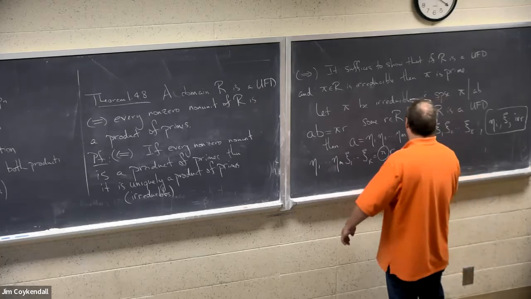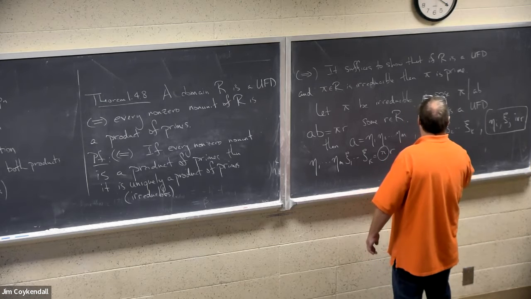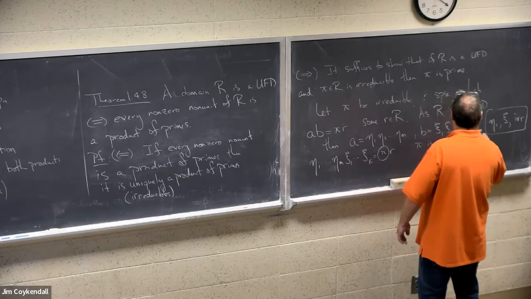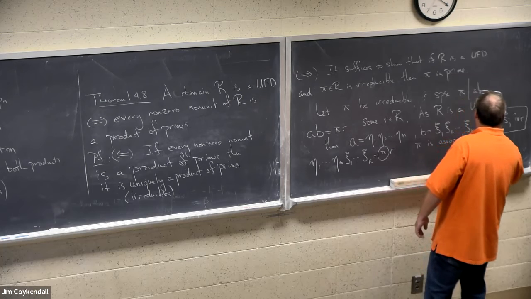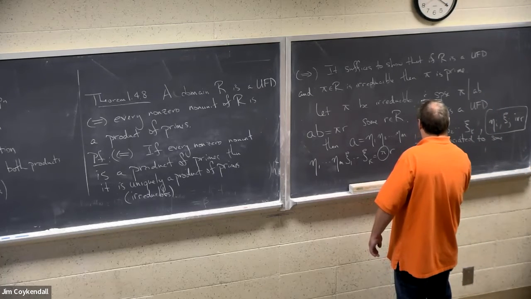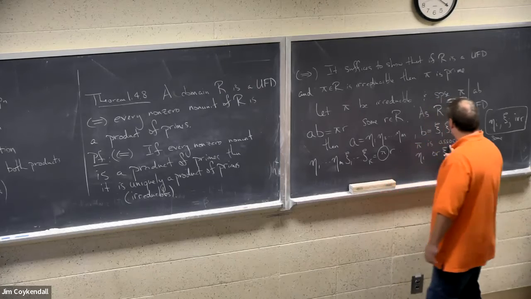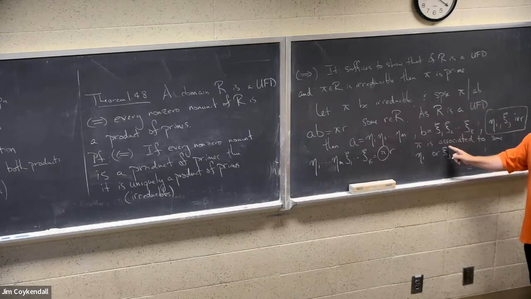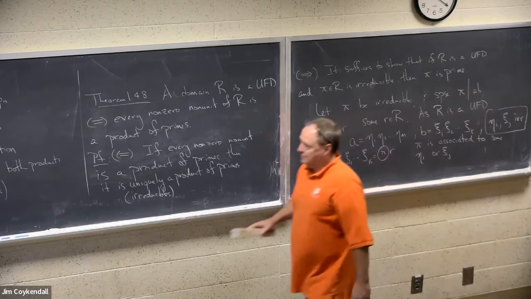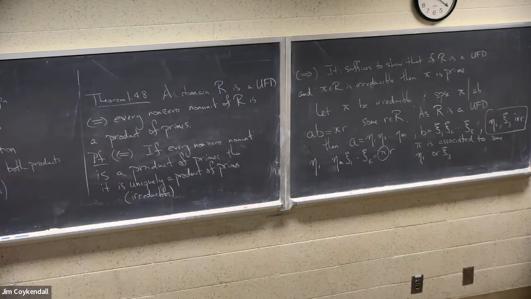If it's one of these, then pi divides A, and if it's one of these, pi divides B. So pi is associated to some alpha i or omega j. And here, associated, if you haven't heard that before, just means it's a unit multiple of one of these.